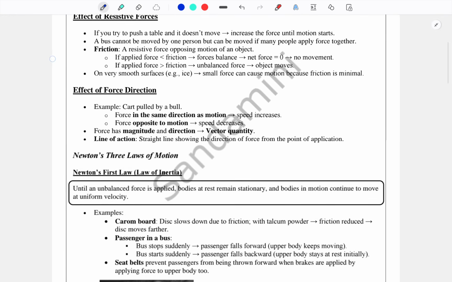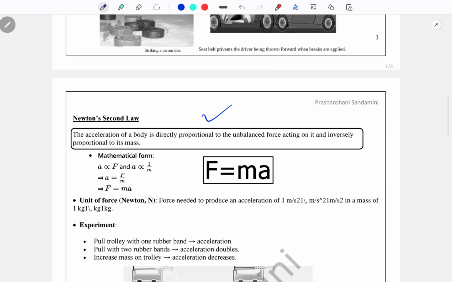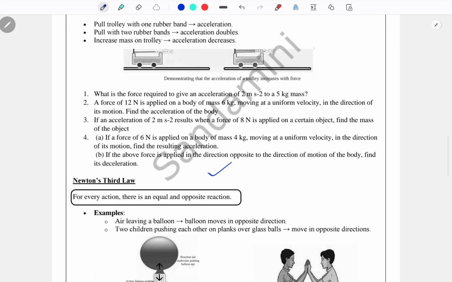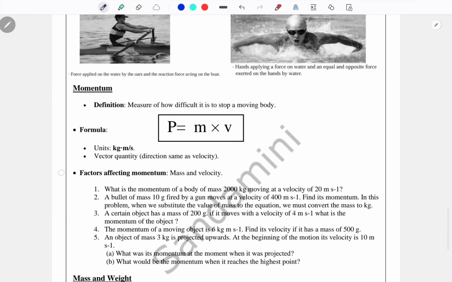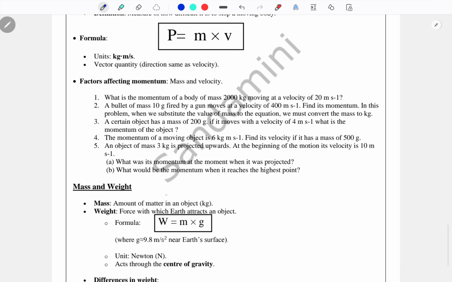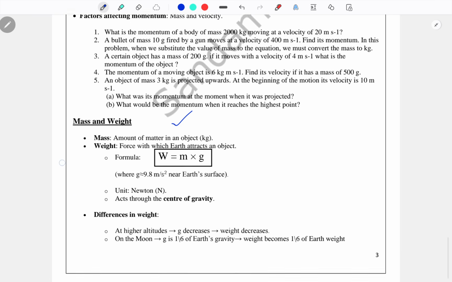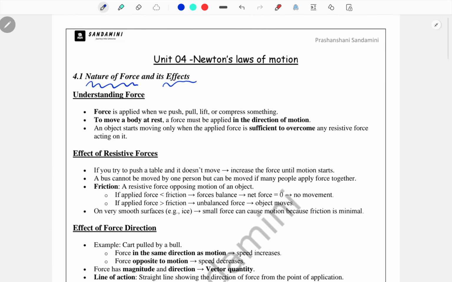Thereafter we can discuss each of Newton's laws 1, 2 and 3 separately, and at the end we have to discuss momentum and the terms mass and weight. That is the big picture of our lesson.